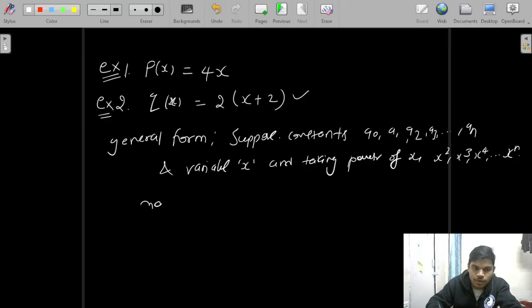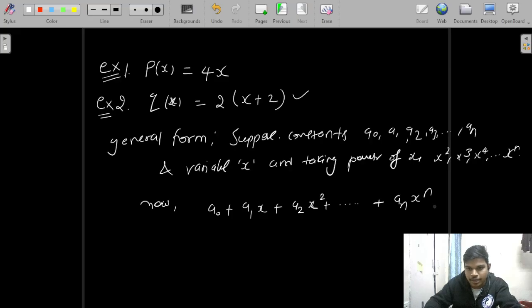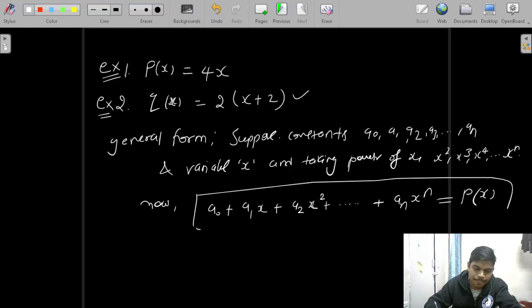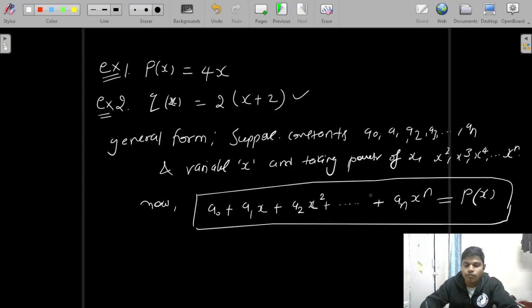Now the polynomial looks like a0 + a1x + a2x² + and so on + anx^n, which is equal to p(x). This is the general form of a polynomial.